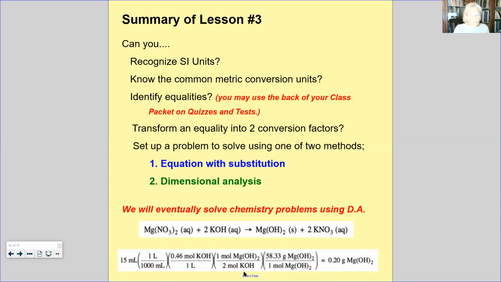I convert moles of KOH into moles of magnesium hydroxide. I convert moles of magnesium hydroxide into grams of magnesium hydroxide. And this dimensional analysis lets me solve for, I will have 0.20 grams of magnesium hydroxide from this chemical reaction.